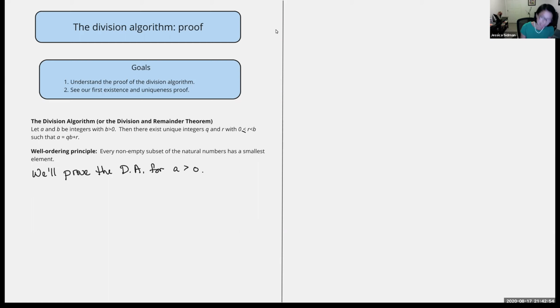So before we get into the proof, let me remind you with a diagram how we're thinking about the division algorithm. Recall that we were thinking about the division algorithm using a diagram like this, where if we have 0 here and A here, how do we think about the QB?